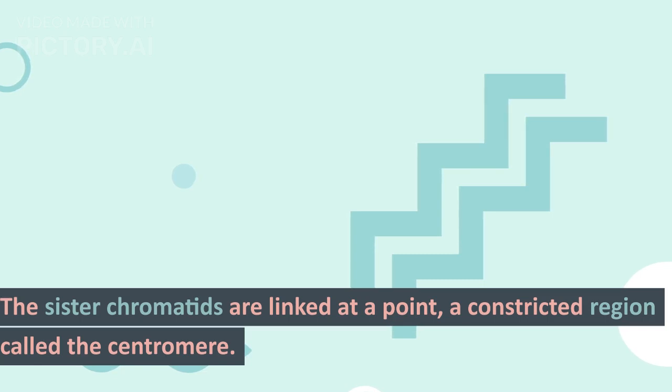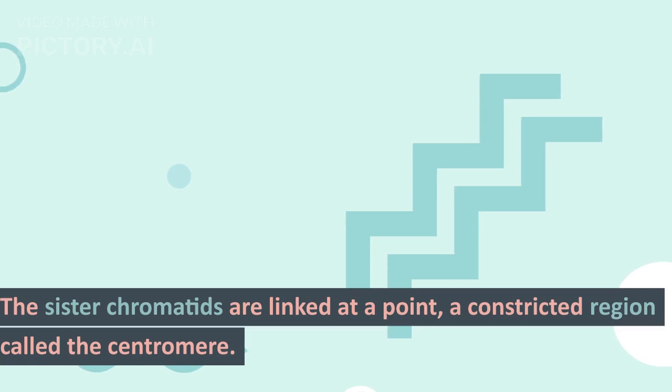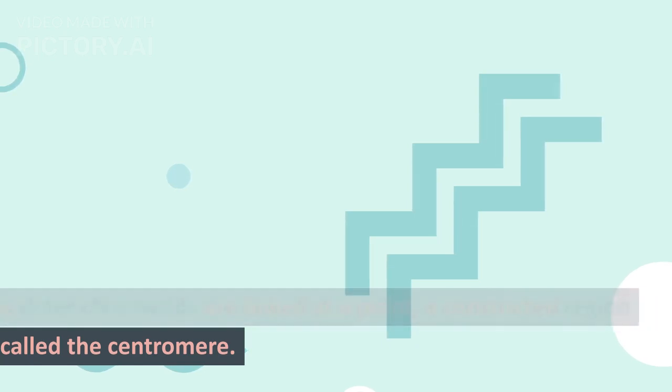So there is a constricted region, and that region is called a centromere. So basically the centromere is a point at which the sister chromatids are linked with each other. They form like an alphabet X. The intersection point is the centromere here.